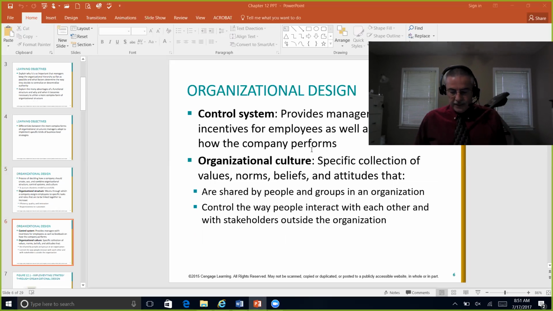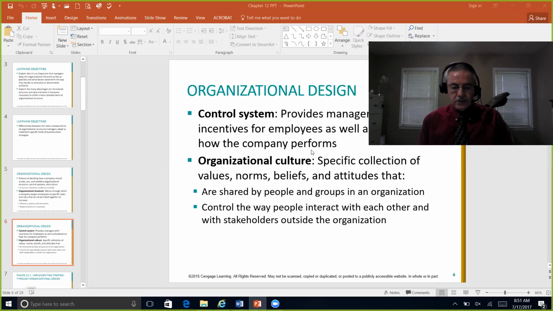Part of this deals with how we go about using our control system. The purpose of a control system is to provide managers with a set of initiatives or incentives that's going to motivate employees to work together to increase the efficiency, quality, innovation, as well as customer responsiveness.